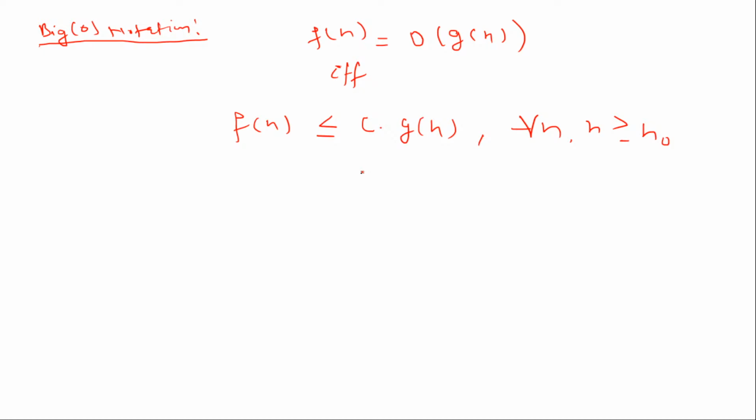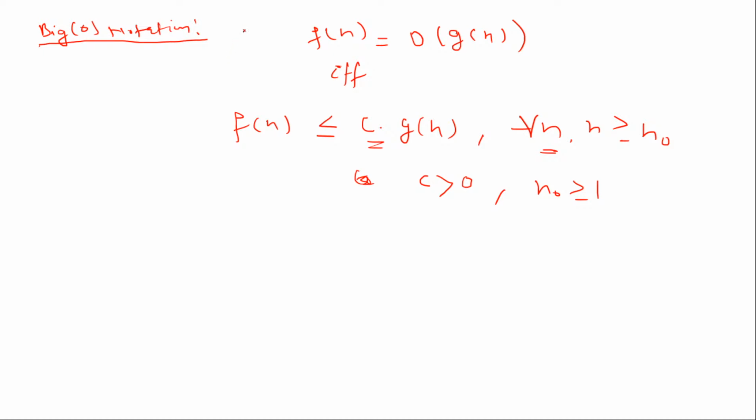These are the constants, right? c and n naught are constants. c must be greater than 0 and n naught greater than or equal to 1.